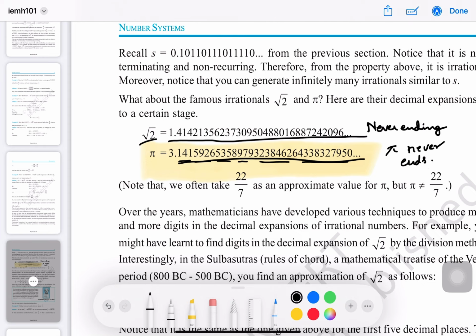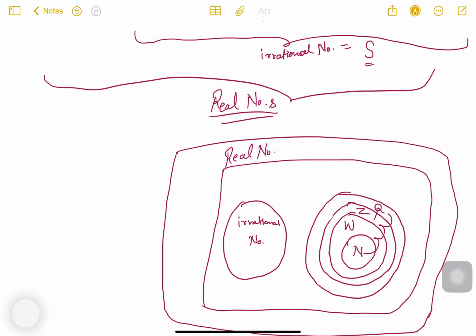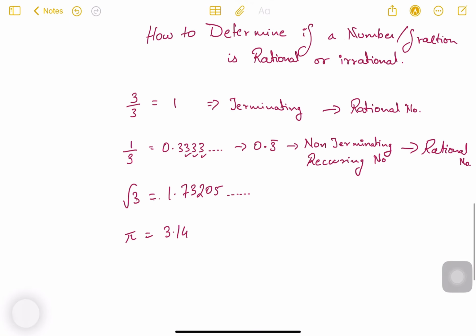So what can we say about them? That these numbers are non-terminating, first of all, as well as non-repeating, non-recurring.